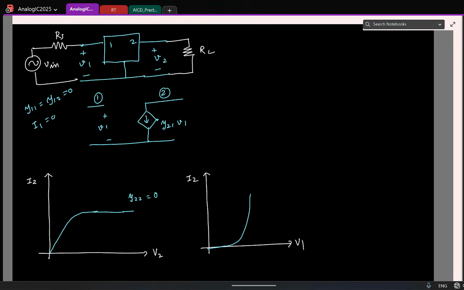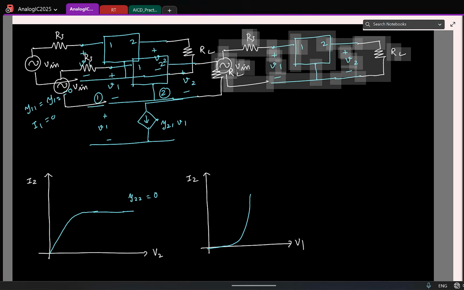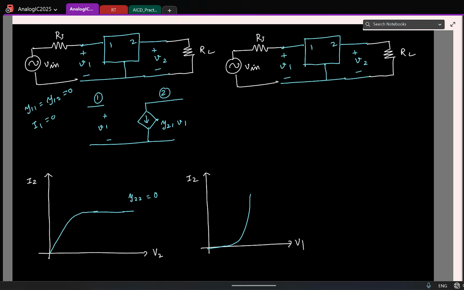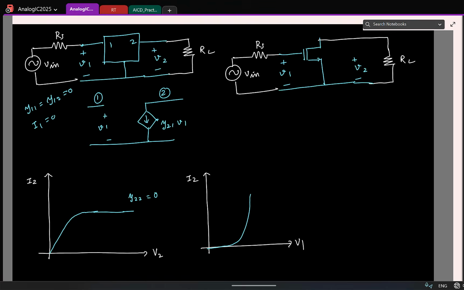So now let's try to replace this with a MOSFET. Let me see if I can copy this. I will just replace this fellow with a MOSFET. Again, remember what we are drawing is only the small signal equivalent circuit.